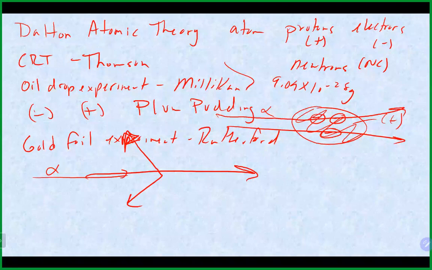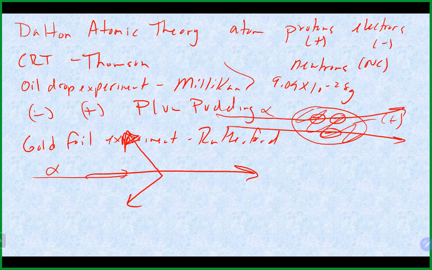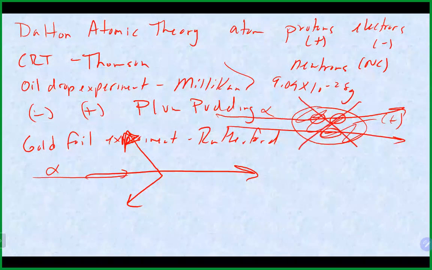What that told them was that in order for these heavy, fast moving alpha particles to scatter at those large angles, they had to hit something that was really, really positive. So they had to abandon the early model of the atom and come up with a revised model. And basically what they said was most of the atom was empty space.